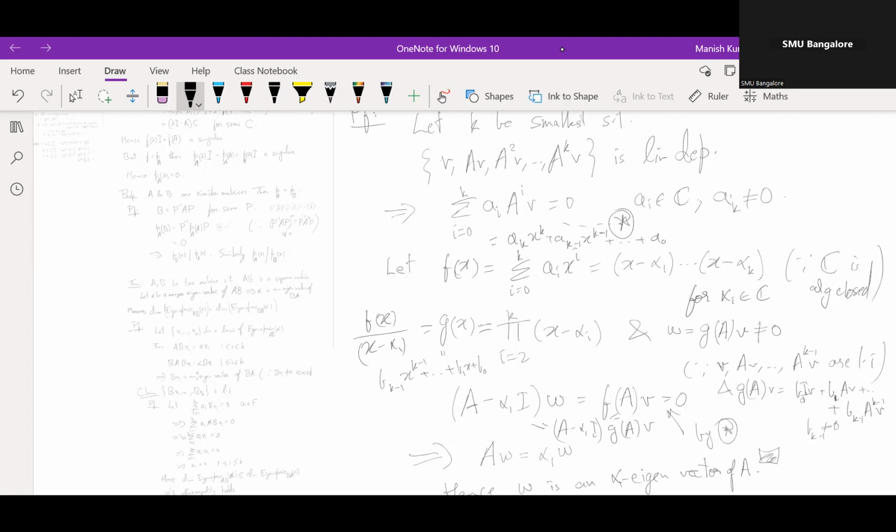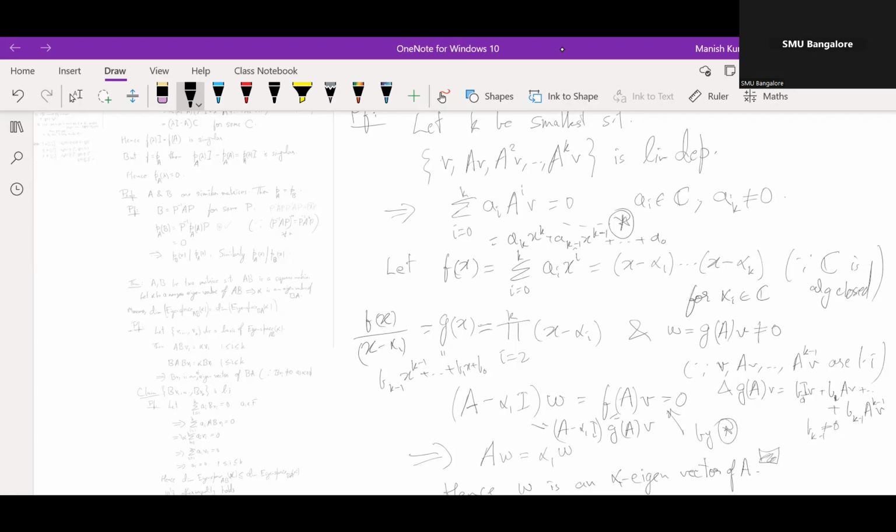Since they are linearly independent and b_{k-1} is non-zero, this must be a non-zero vector. So w is a non-zero vector, and now you multiply w by A minus alpha 1 I. That is the same as (A minus alpha 1 I) times g(A) times v, because w is just g(A) times v.